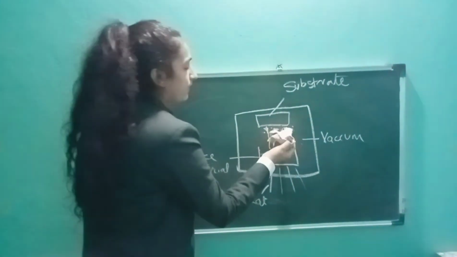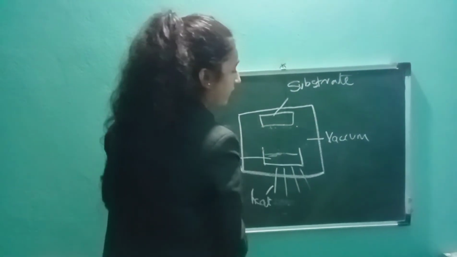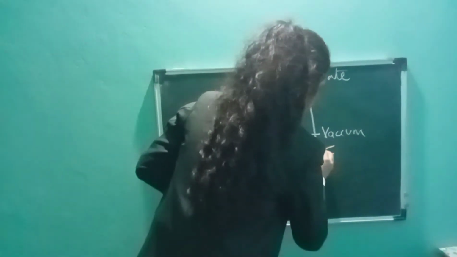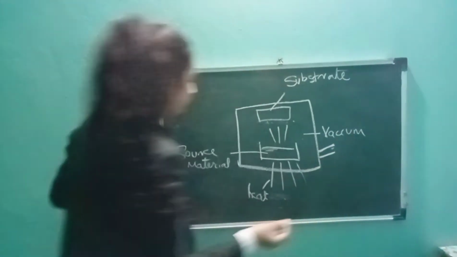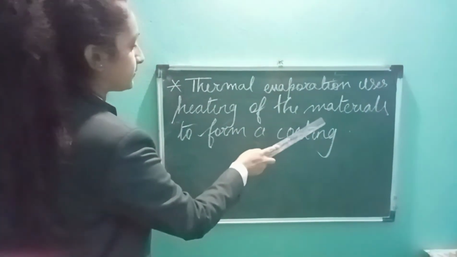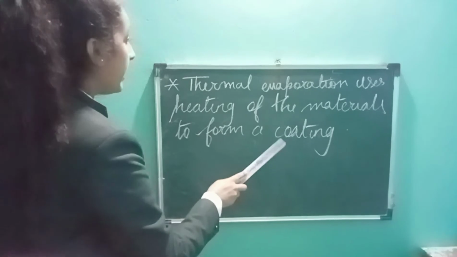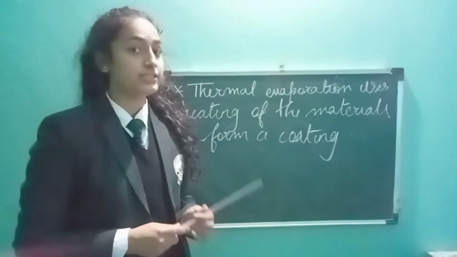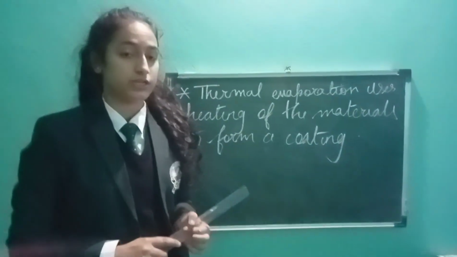So it is very important to create a vacuum here. We will also use a vacuum creator like over here. Thermal evaporation uses heating of the materials to form a coating. As we have already learned, heating of the source material is necessary to form a coating.